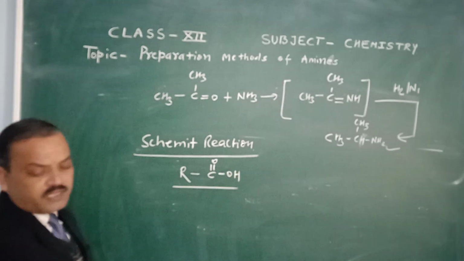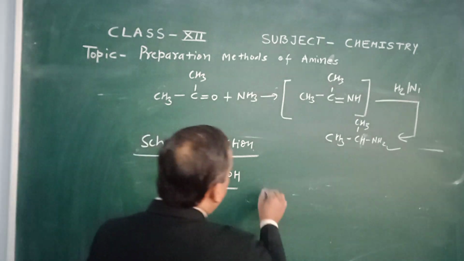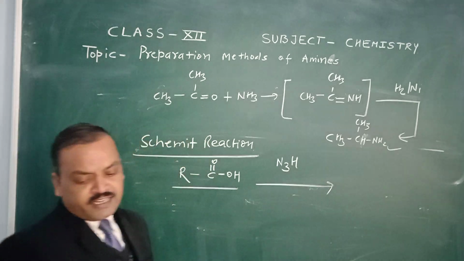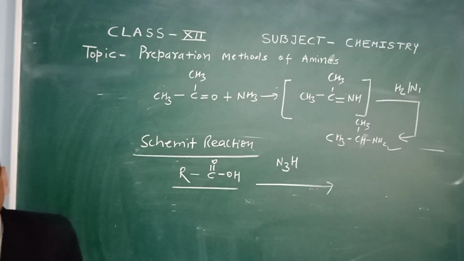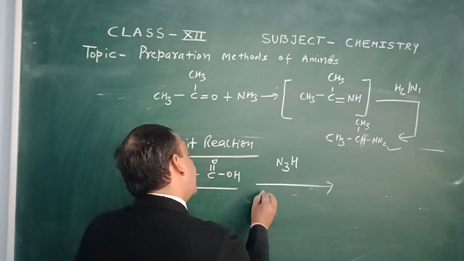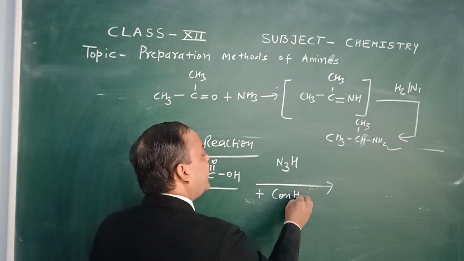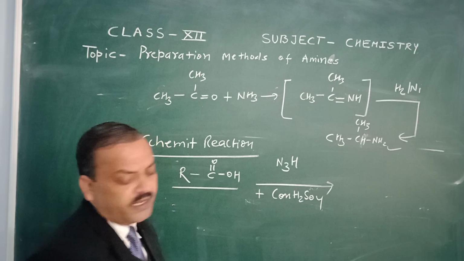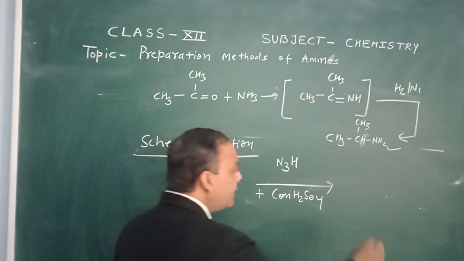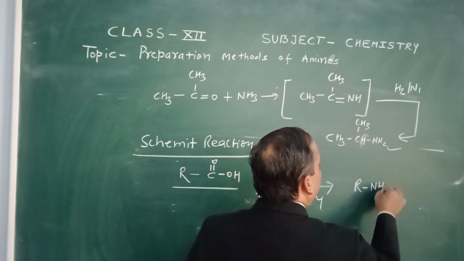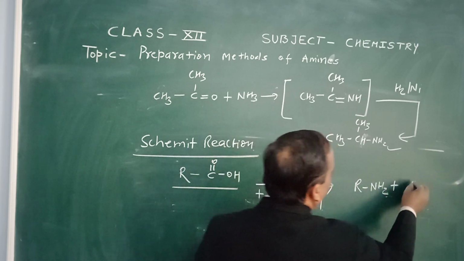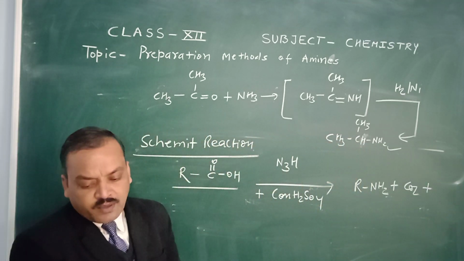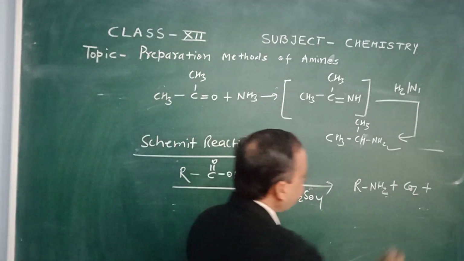When we react this carboxylic acid with N3H, which is hydrazoic acid, in the presence of concentrated H2SO4, we get the amine RNH2 plus CO2 and N2 as products.